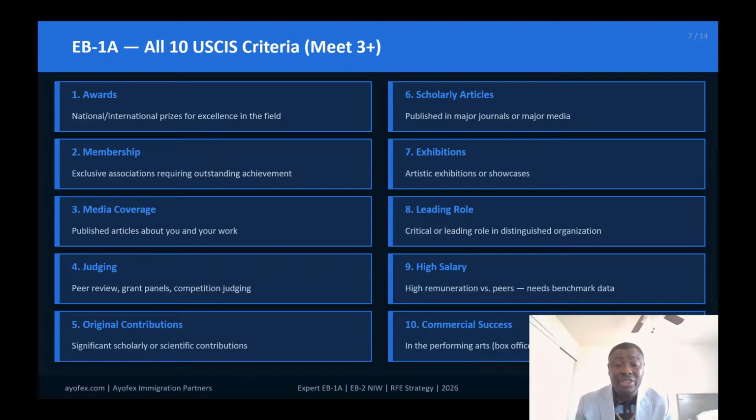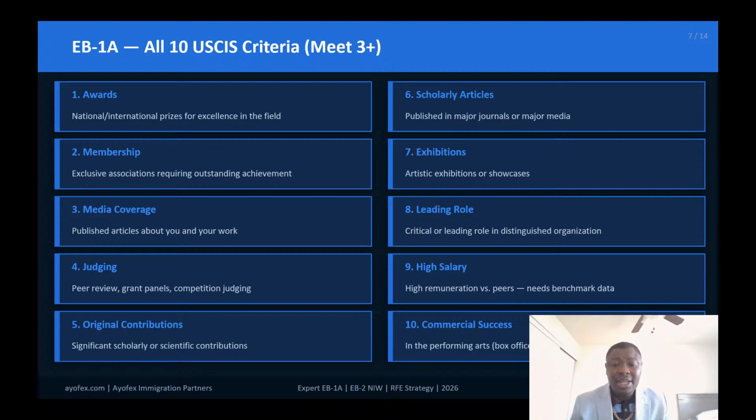The eighth criterion is performing in a leading or a critical role for organizations with a distinguished reputation. If you have performed in such positions, then you could claim this criterion.